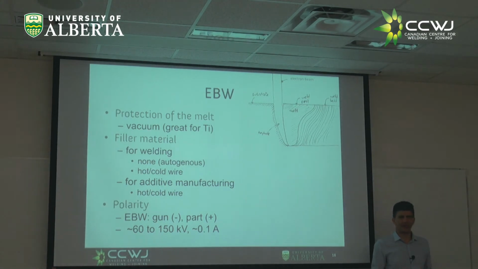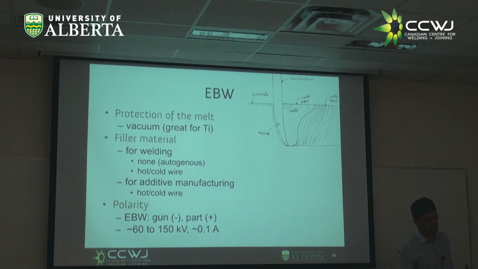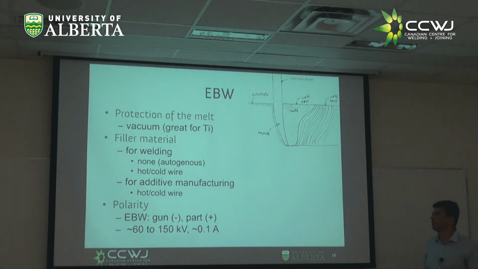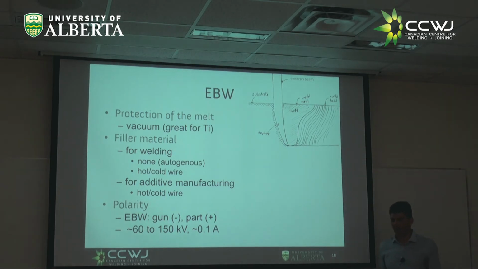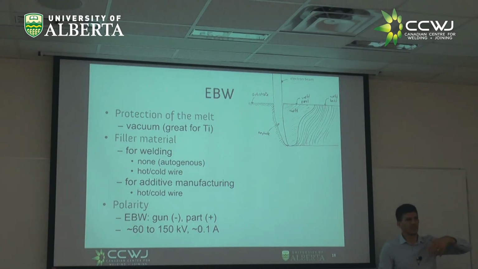In electron beam welder, same as an SEM, same as an old CRT TV, right? You need a vacuum. So because you have a vacuum now, you have a really good protection of your melt. Things like titanium that will grab every atom of oxygen they can and ruin themselves.